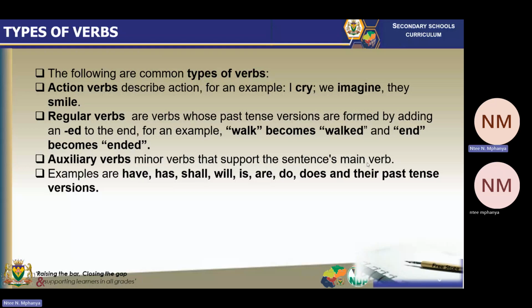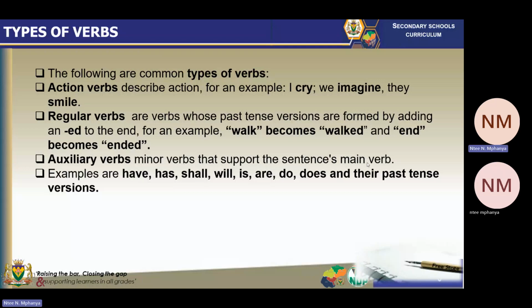We have common nouns like a baby. We have proper nouns like Paul and Mateo. For proper nouns, the first letter must be in capital letters. So Paul, the first letter, which is P, must be written in capital letters. And in the case of Mateo, the first letter M must also be in capital letters.